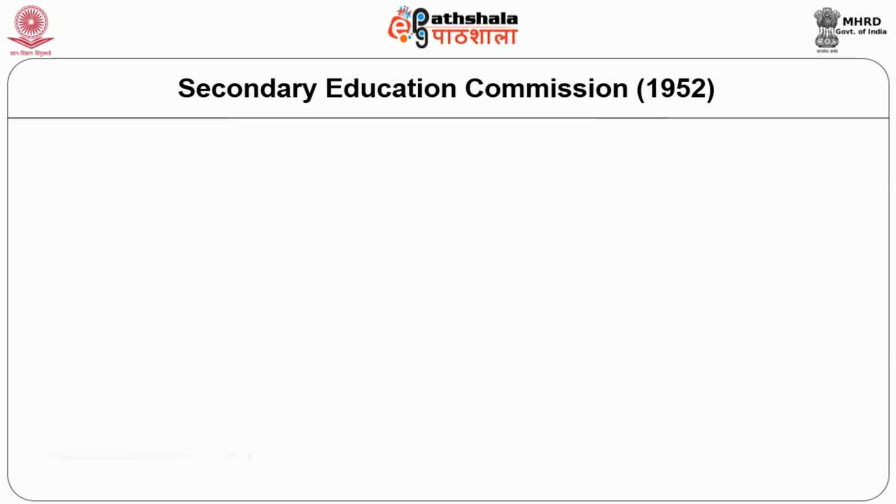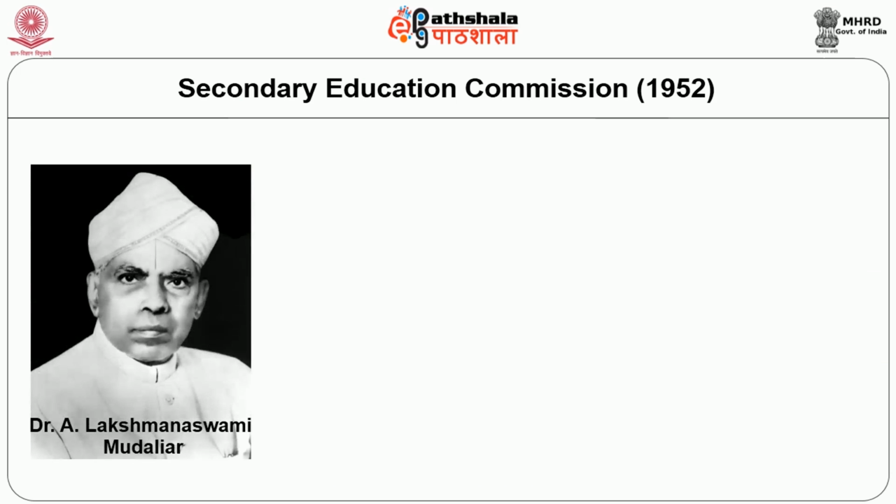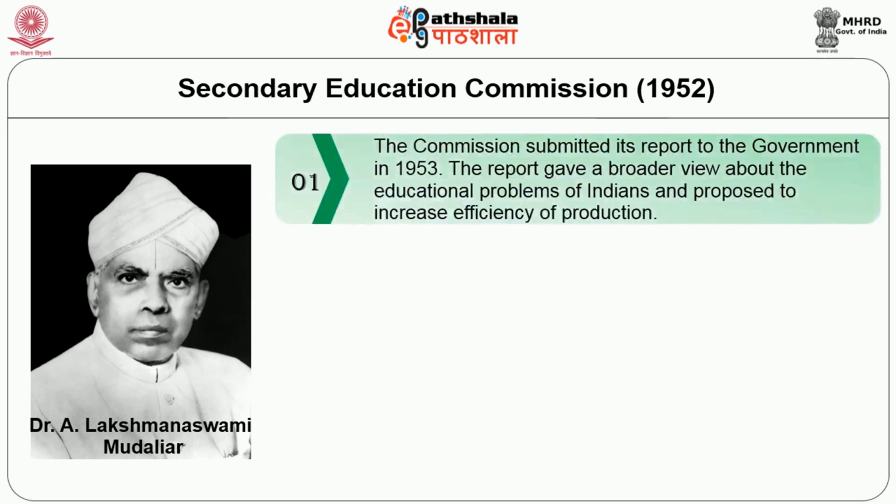The Secondary Education Commission was set up under the chairmanship of Mudaliar in 1952. This commission submitted its report to the government in 1953. The report gave a broader view about the educational problems of Indians and proposed to increase efficiency of production.